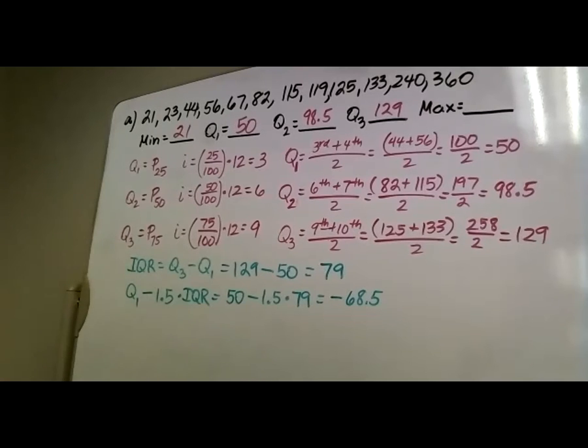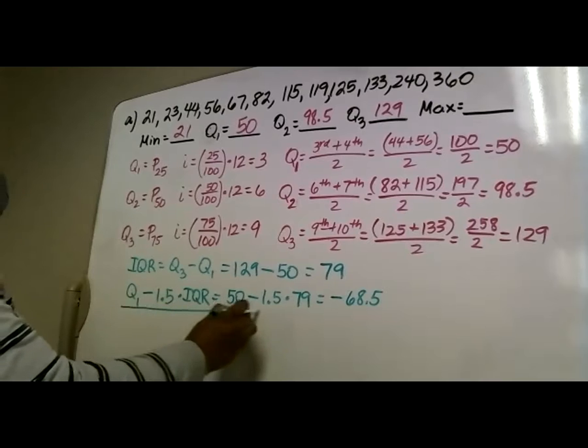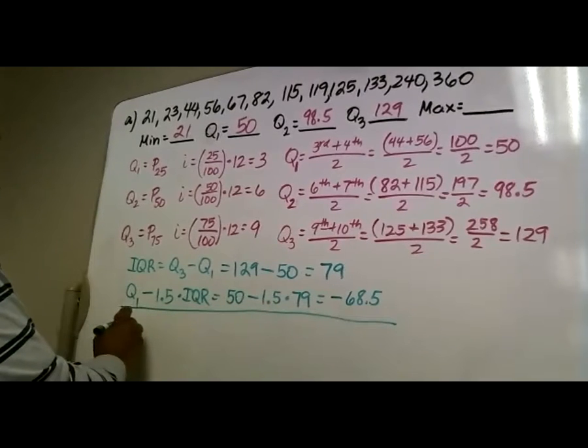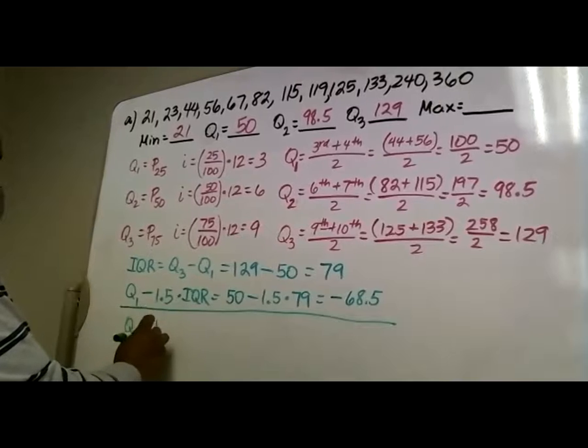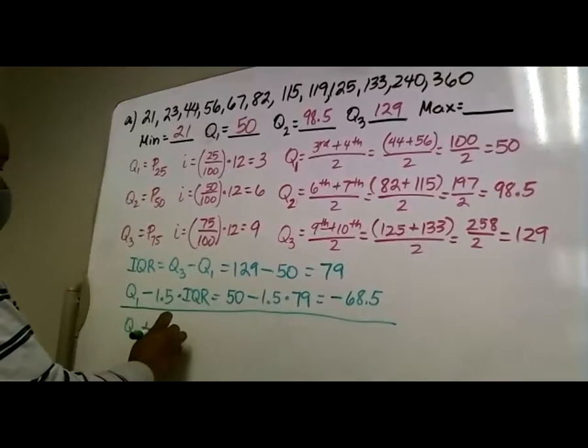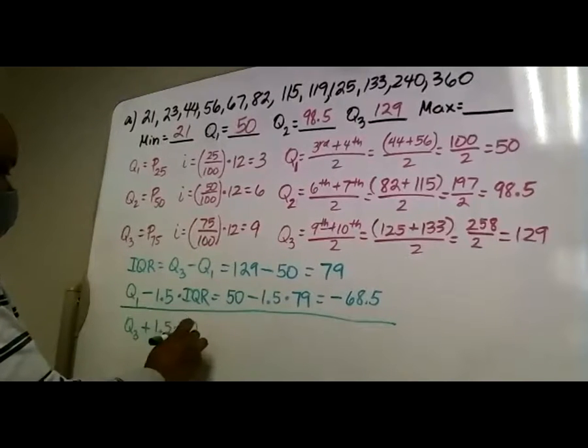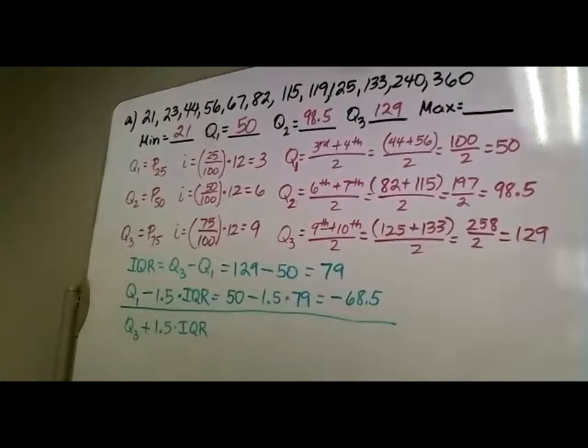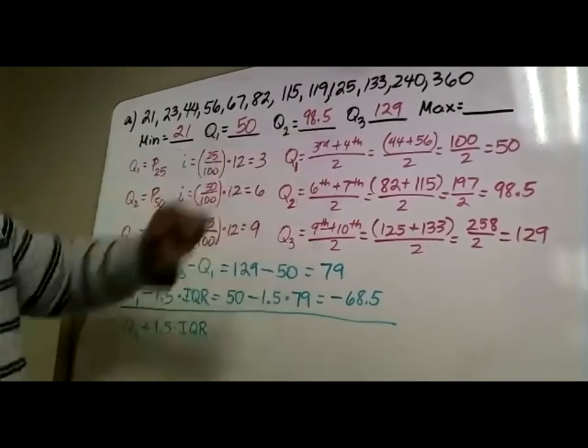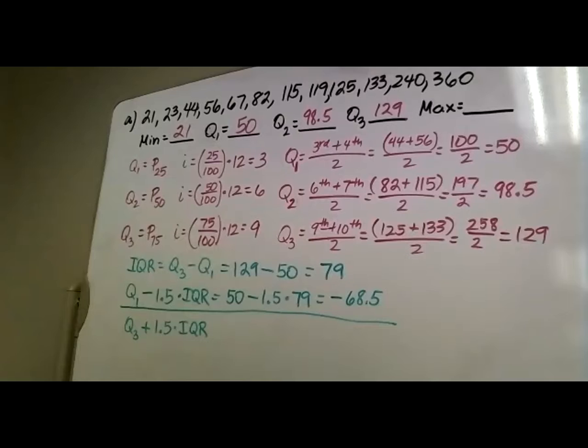Now let's look to see if there are any unusually high numbers in this data set. Let me draw a line here. This will be Q3 plus 1.5 times IQR. For unusually high, we have to use Q3 plus 1.5 times the interquartile range.